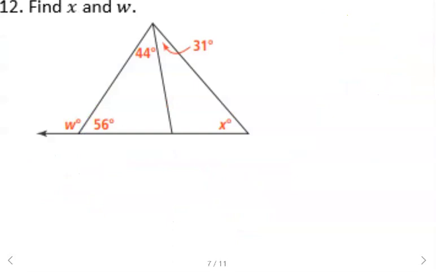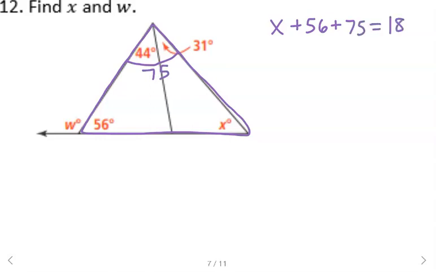Number 12, we're trying to find the value of x and w. What I'm noticing about x is that it's part of this big triangle. It's an angle in the big triangle. And so x plus 56 plus this third angle, which is made up of 44 plus 31, so that's 75 degrees.